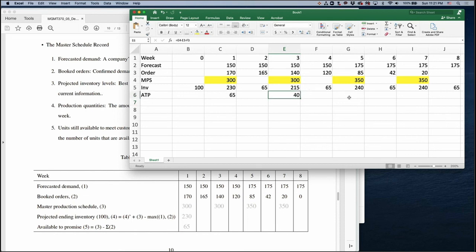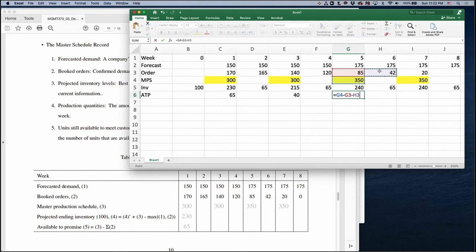How about period 5? In period 5, you have 350 available originally, but you already have this order quantity and this order, 85 and 42, already booked, which you have to guarantee first.